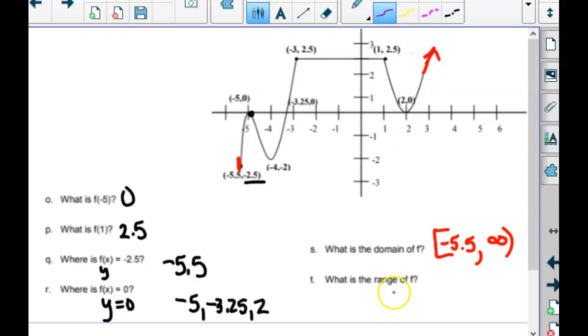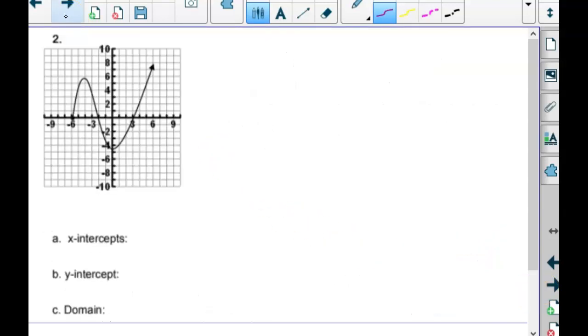All right, range is bottom to top. This was x's, this is y's. The lowest y value is negative 2.5, and it had a dot there, but it's going up forever. That is on the quiz again, domain and range.